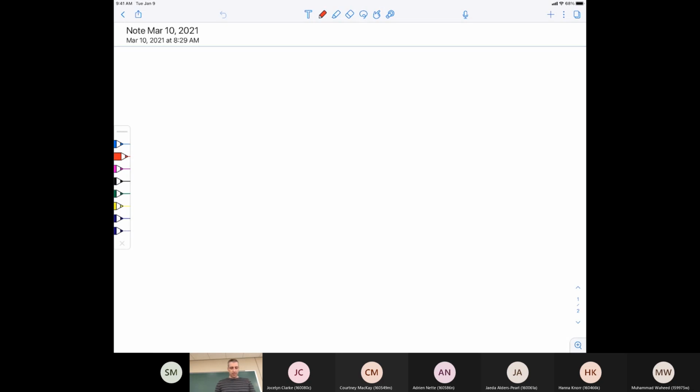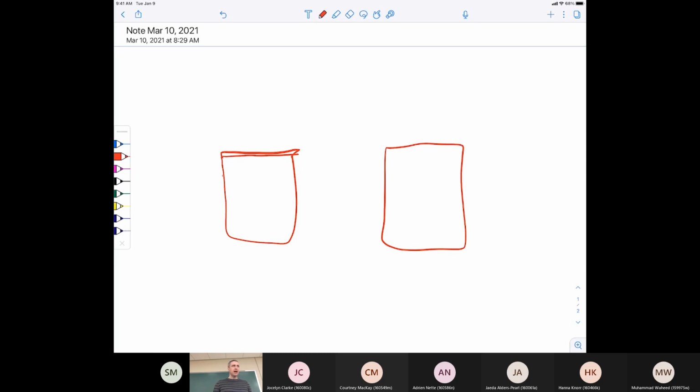So the basic setup for an electrochemical cell might look something like this, where you have one container, let's call it a beaker. And we have a second one over here. And what we need to have in each of these solutions is some sort of electrode.